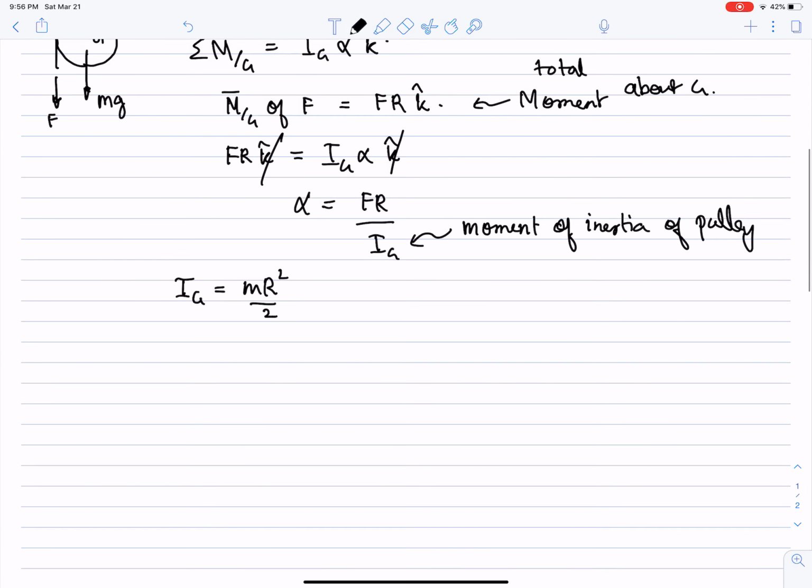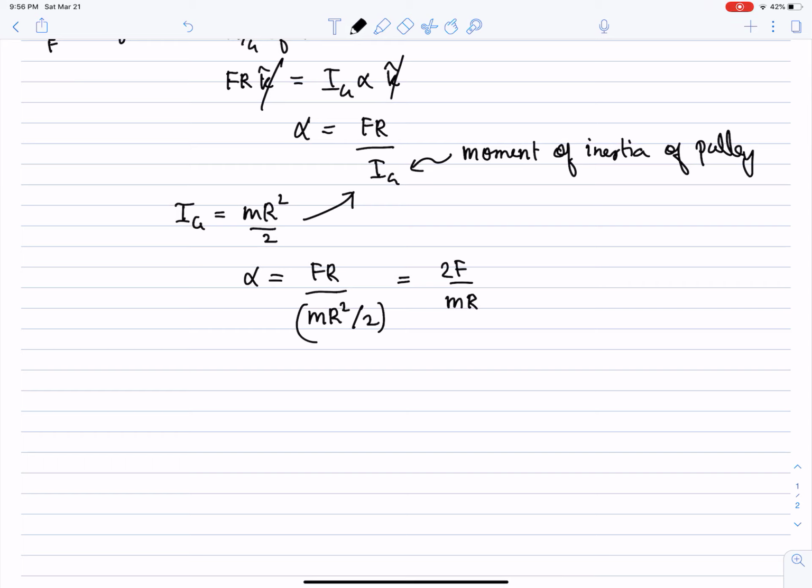Plugging that in, alpha becomes FR divided by m r squared over 2, which gives F over mr, and the 2 goes up, so you get 2F over mr. So that's alpha, and that's the answer, the angular acceleration.